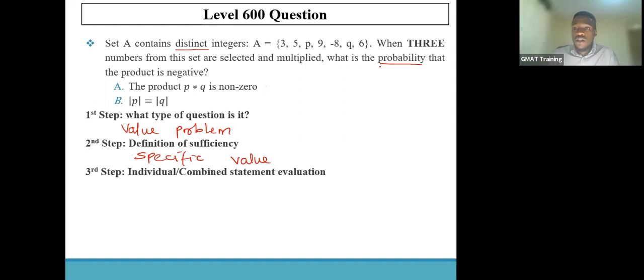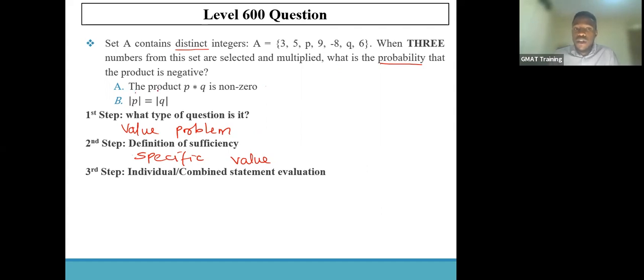It goes without saying that if a statement were to give us multiple values of the probability, then that statement becomes insufficient. So with that information, you can go ahead to analyze the statements, and we begin with the first one.